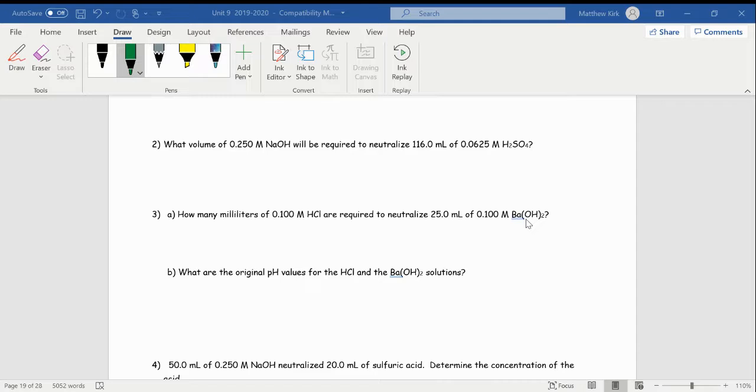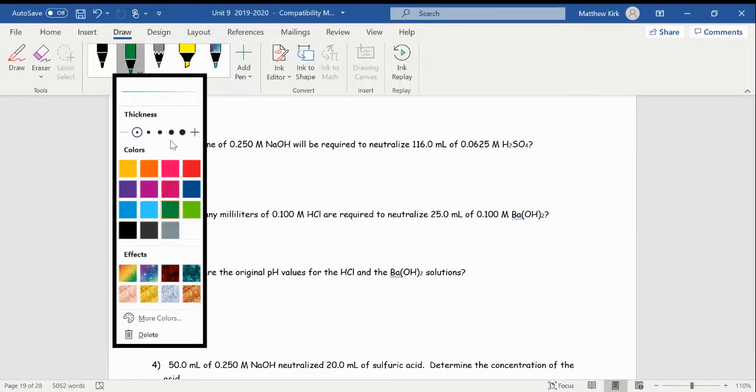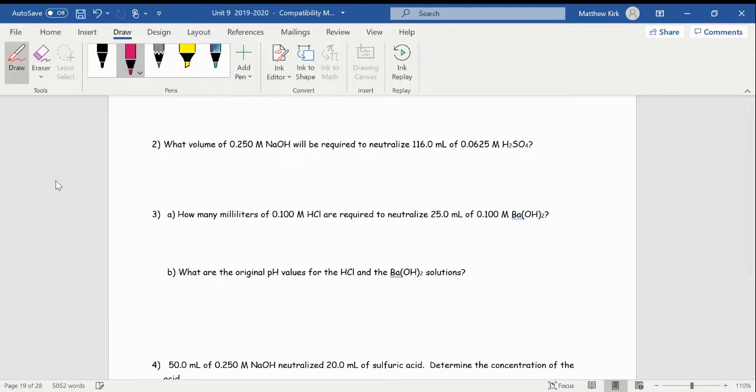So first, let's just make sure we know our formula. If we're doing your more typical titration calculation problem, we know that our formula is MEV equals MEV. So if we are asked to find something like molarity or volume of our acid or base in our problem, again, it's MEV equals MEV.